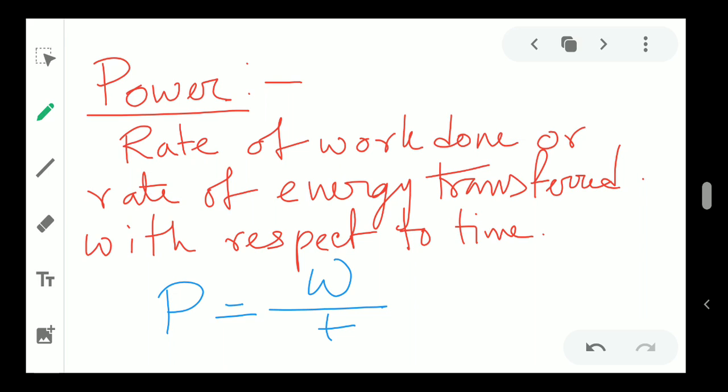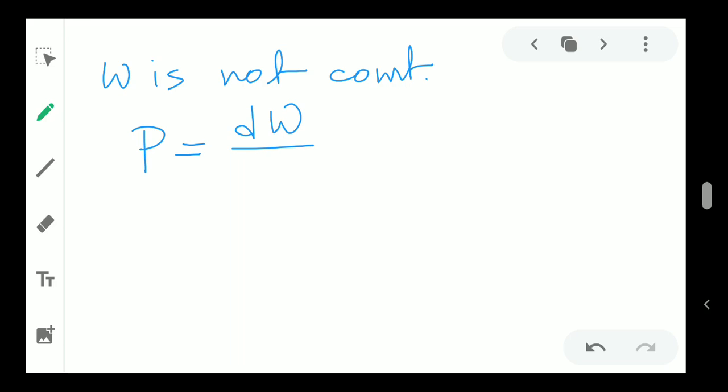If the work done is constant, you can simply write this, that is you are having uniform work done. But in the case when W is not constant, you can write P is equal to dW by dt.